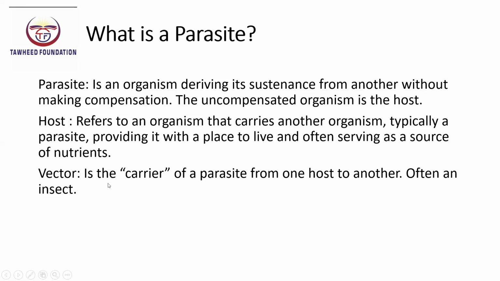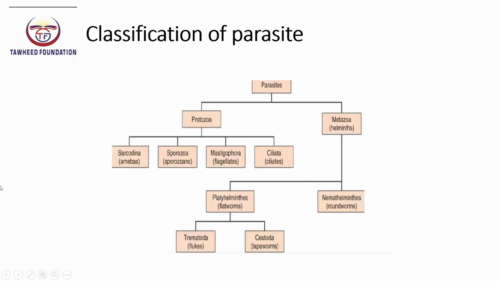Third is vector, the carrier of a parasite from one host to another, commonly an insect. A vector is responsible for transmitting parasites from one host to another. These three concepts are fundamental in parasitology for understanding transmission cycles, pathogenesis and epidemiology.